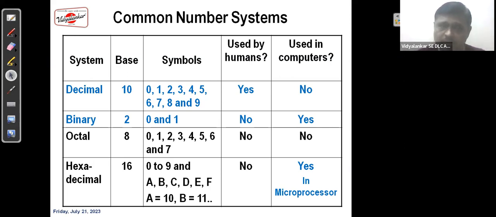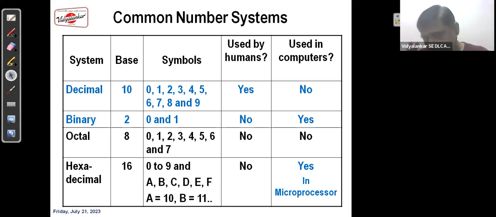Normally in programming, you say A, B, C, D, they are all characters. But these alphabets are not characters, they represent numeric values. A represents value 10, B represents 11, C represents 12, D represents 13, E represents 14, and F represents 15.